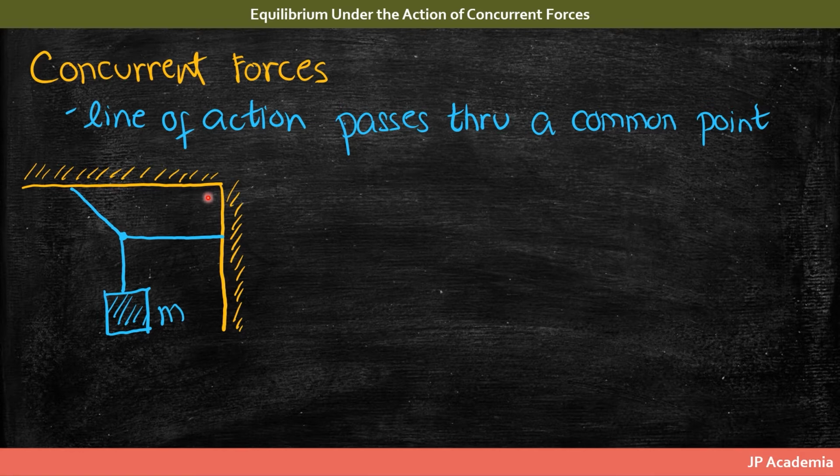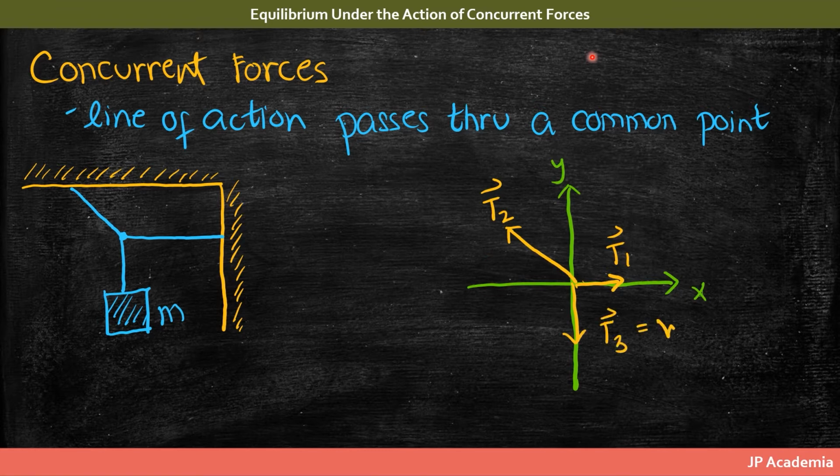So this is the wall, ceiling and the wall, wherein we have two cables attached to a certain mass m. We can draw its free body diagram as shown at the right. And shown here, we have three forces. All our forces for this case pass through a common point, which is this one, the origin of our coordinate axis.